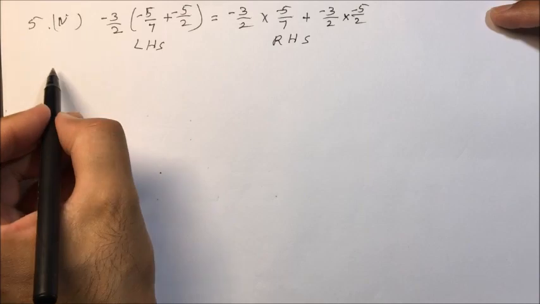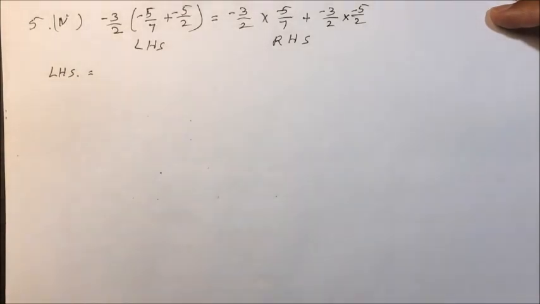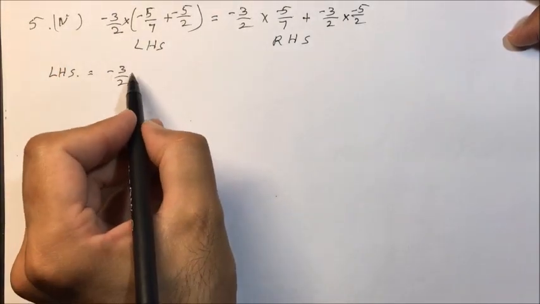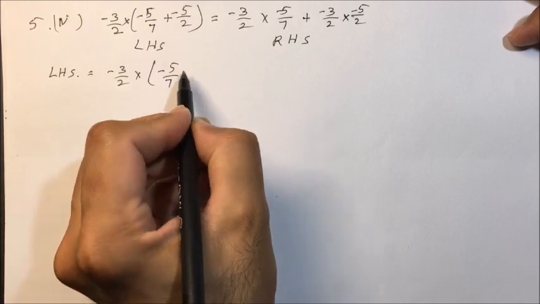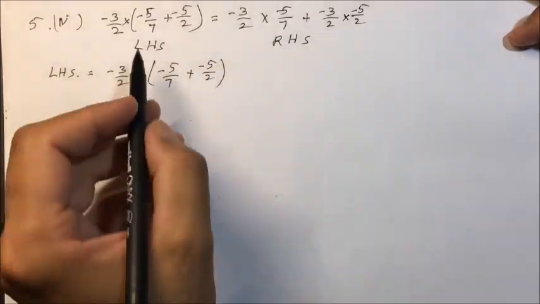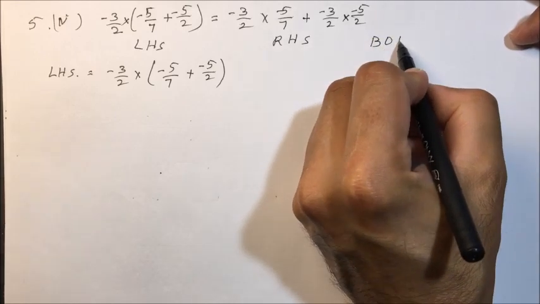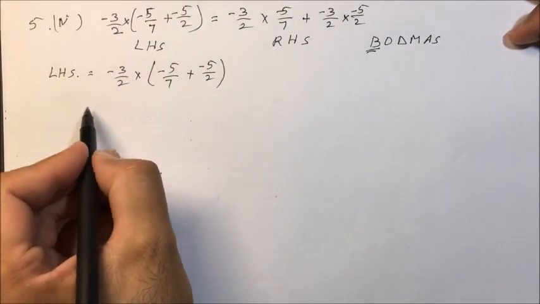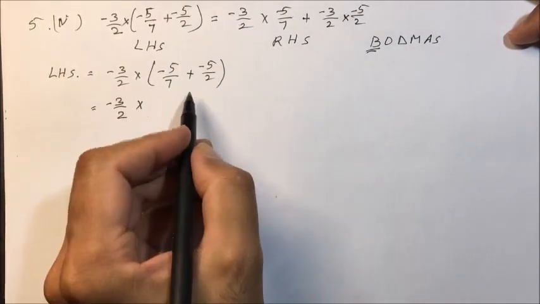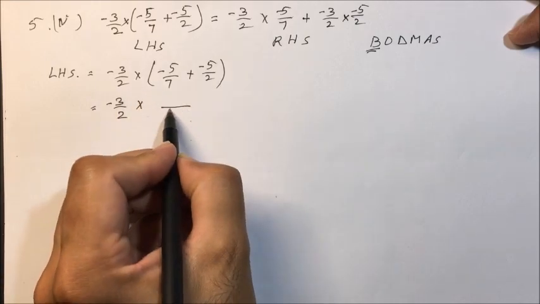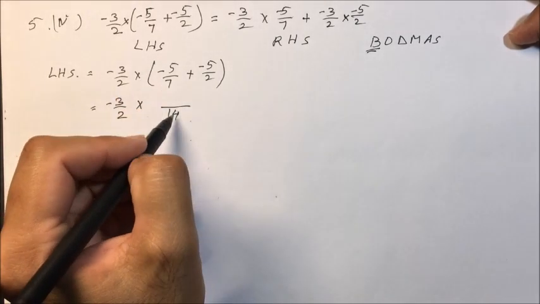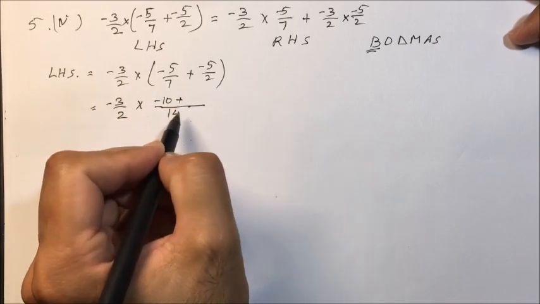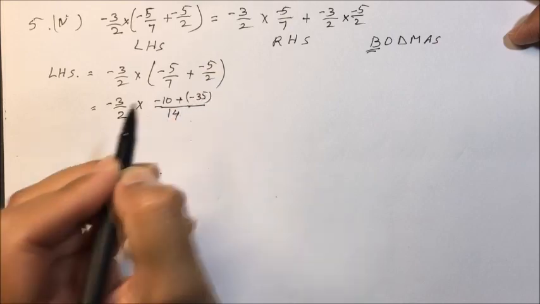So first we will take the left hand side. Left hand side will be equal to minus 3 by 2 into (minus 5 by 7 plus minus 5 by 2). In BODMAS we have remembered that first the bracket is to be solved. So next step will be minus 3 by 2 into, now take the LCM, we are getting 14 as the LCM. 7 2s are 14, minus 10, plus 2 7s are 14, so minus 35.